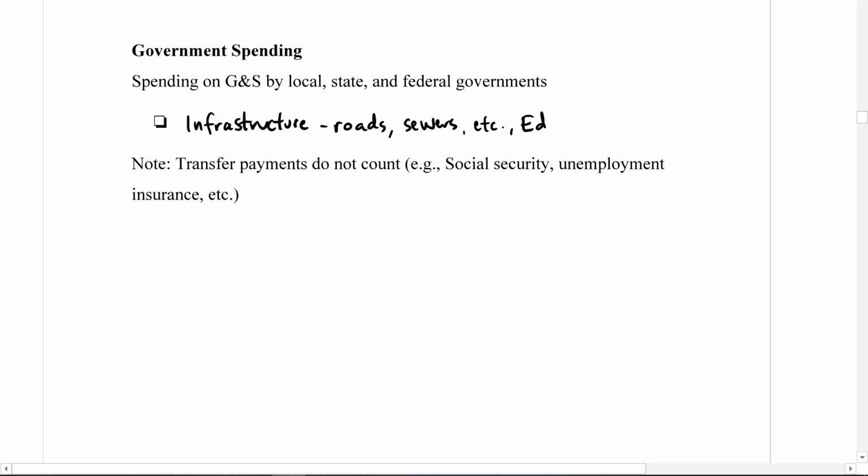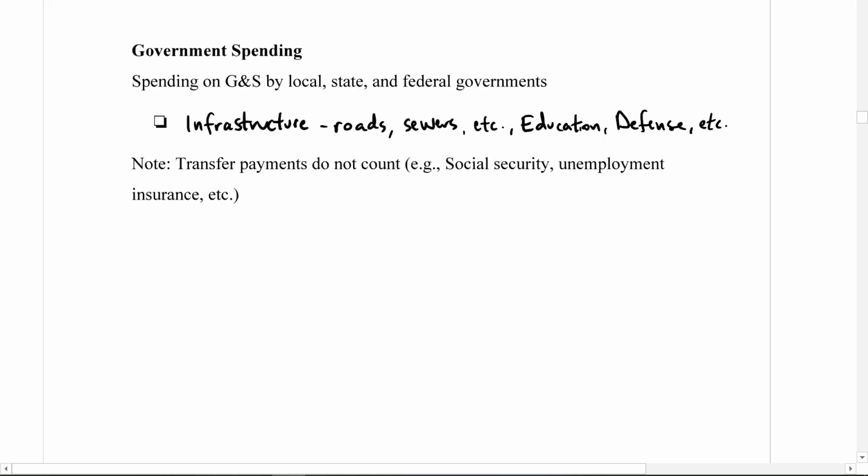A lot of educational funding comes from the government. Education, defense, whether that's at a local level with a police force or at a national level with military, for example, and numerous other government spending as well.